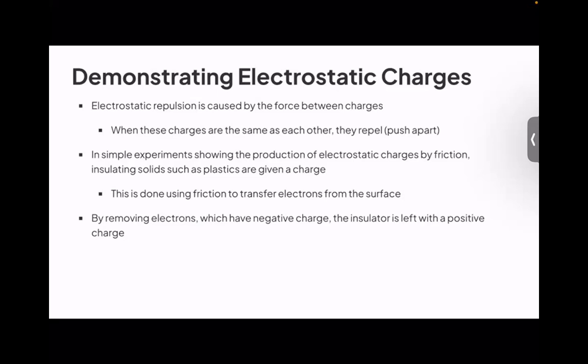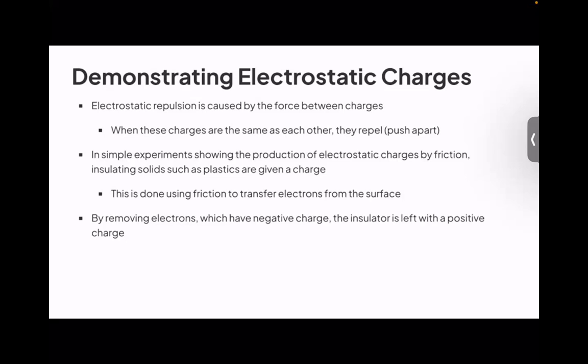What happens is it happens because there's a difference of charge. When you rub anything, it creates a difference of charge, and that difference of charge produces electrostatic charges. So this is the first thing we learn about electrostatic charges. What do you mean by static?